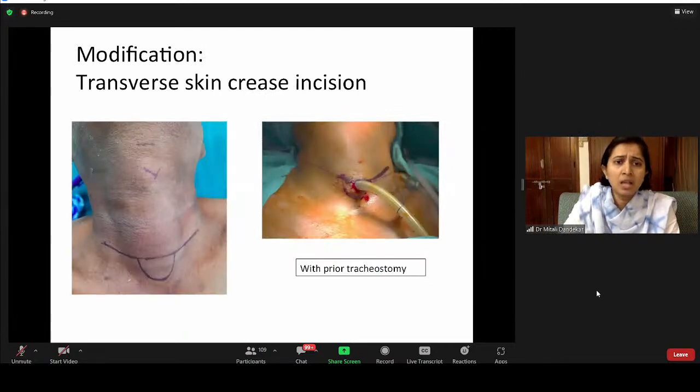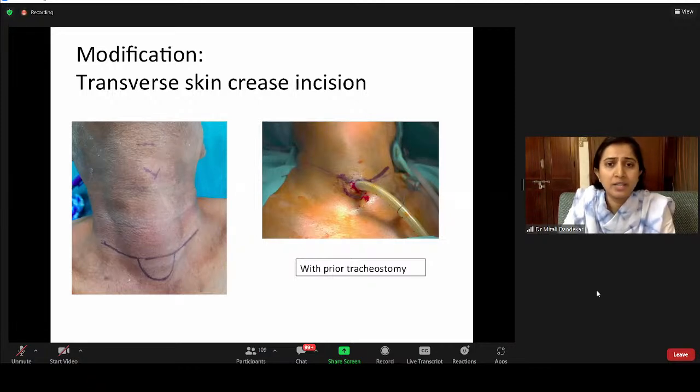It has then been modified so that the vertical limb is negated and a transverse skin crease incision has taken over, by and large extrapolated from a thyroid incision, where we manage to reach level 2 or the hyoid in spite of taking a transverse incision.